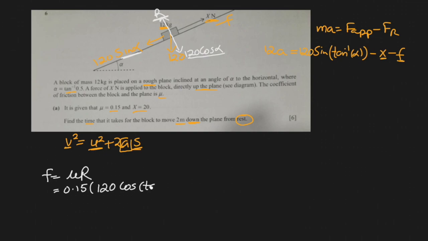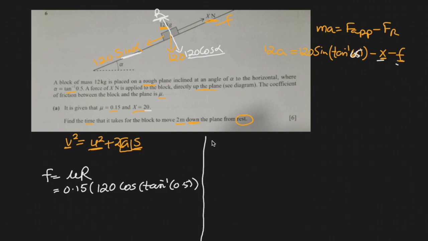Alpha is tan inverse 0.5. That's what I will write. And now I wrote tan inverse 0.5, I should have written it here, not alpha. So now I'll put x's value of 20 newtons and f's value of this, and I will get my answer, and I will do it here.